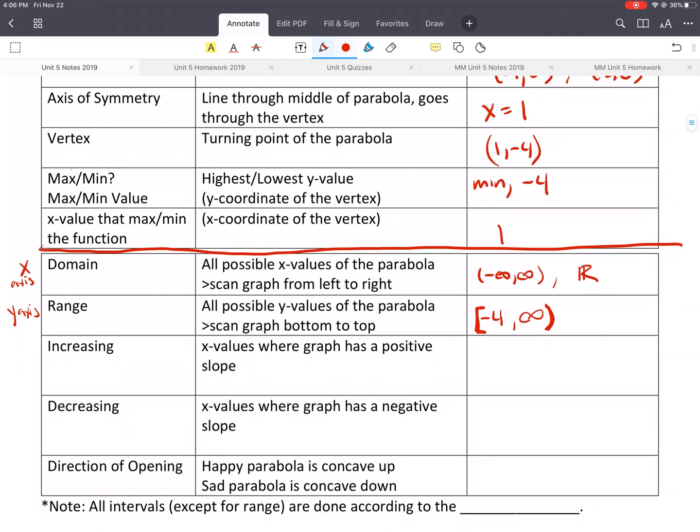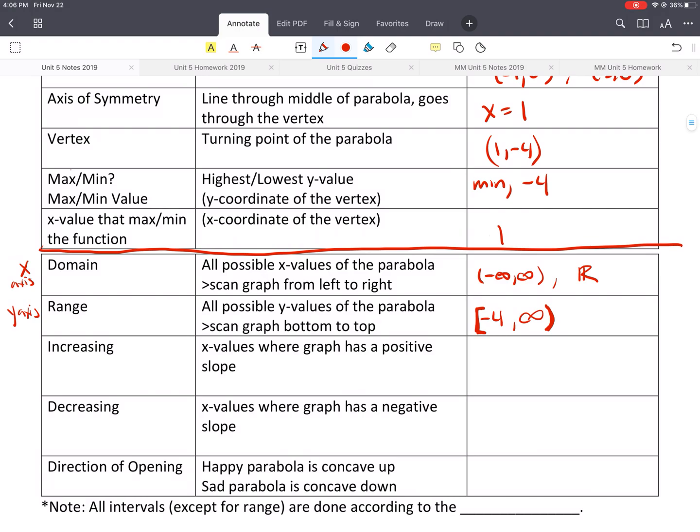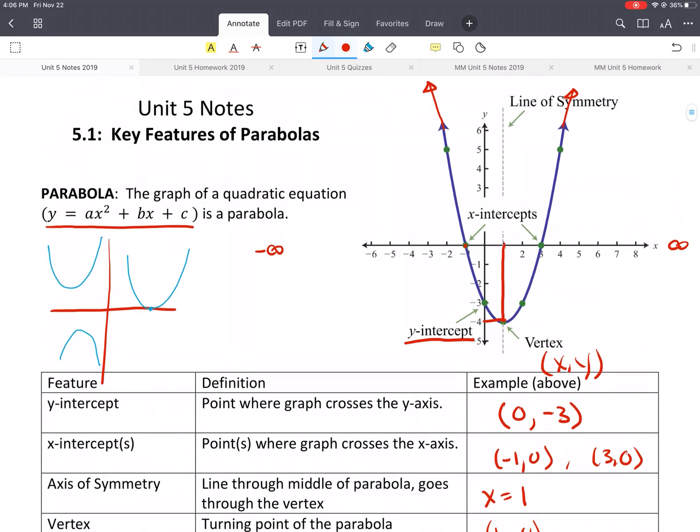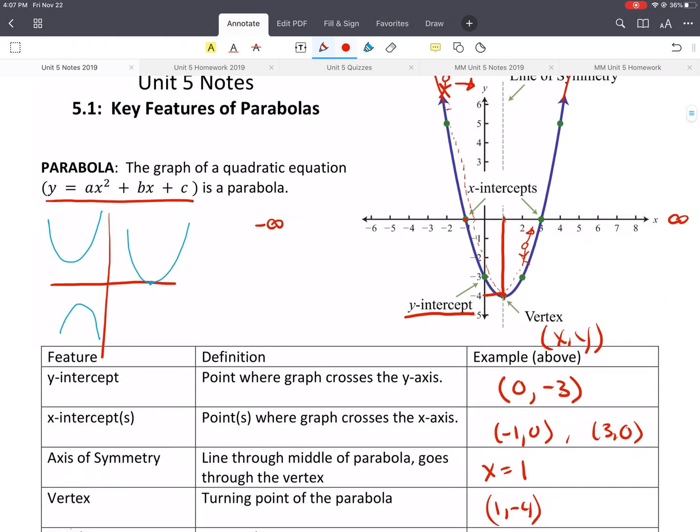All right? And then increasing and decreasing. So increasing, I like to think of this as you're going on a walk, okay? And you're going left to right. Okay? As you go this direction, you are decreasing. The elevation is decreasing up until you get to the vertex. When you get to the vertex, you continue walking, but you're going up. So it's increasing.